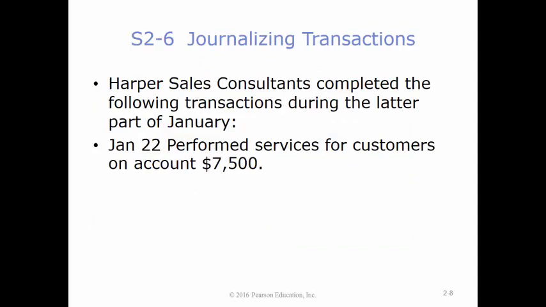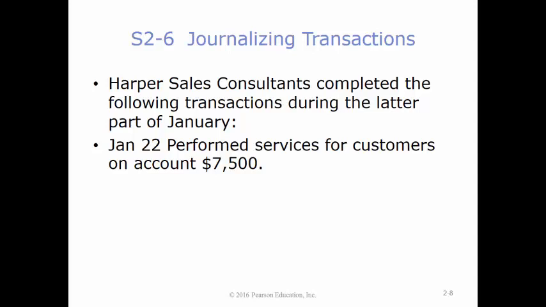In this exercise, it says that Harper Sales Consultants completed the following transactions during the latter part of January. On January 22nd, it says that we perform services for customers on account. Again, when you see the word on account, you're going to be thinking either accounts receivable or accounts payable. In this case, it's going to be accounts receivable because we extended credit to our customers.